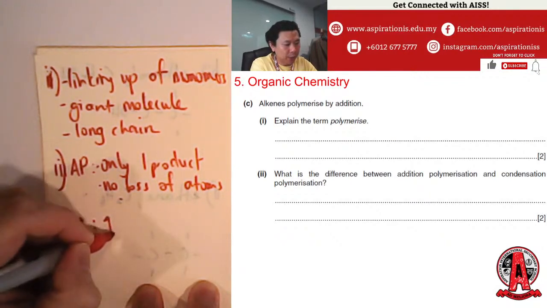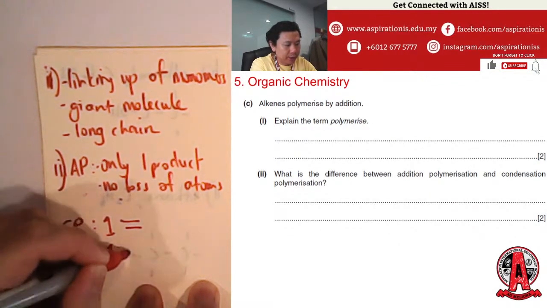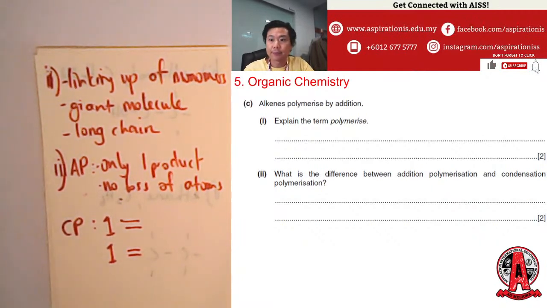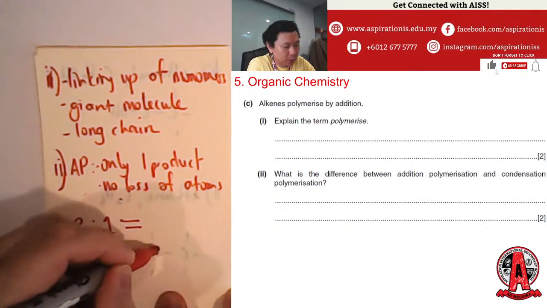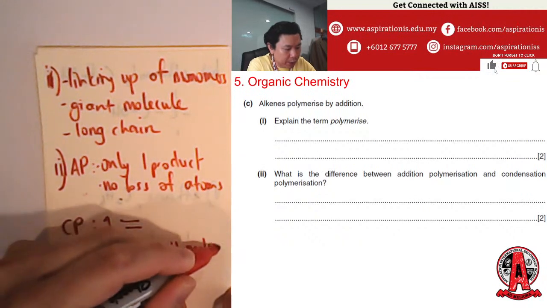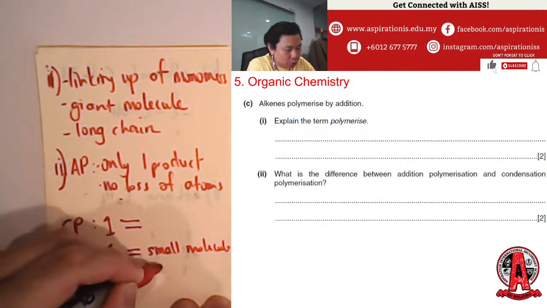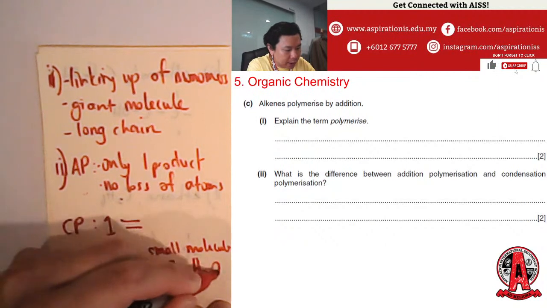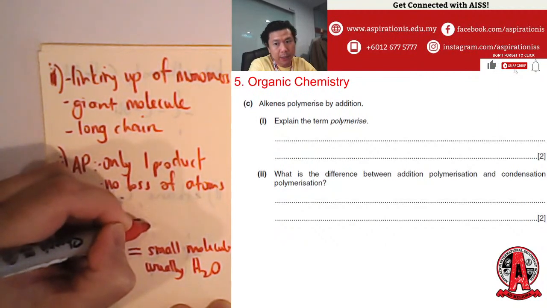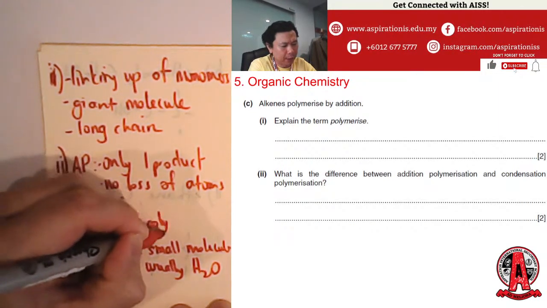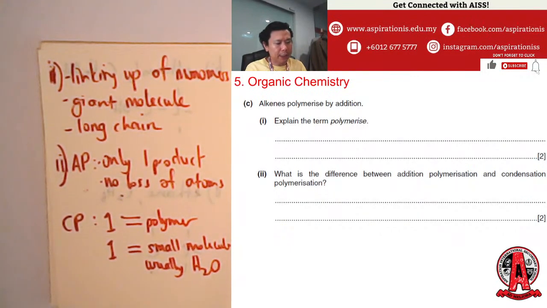Usually the small molecule that you get is water, and the other product is the polymer. So for condensation polymerization, the difference is you get a polymer and a small molecule, usually water. Very good, Ian.